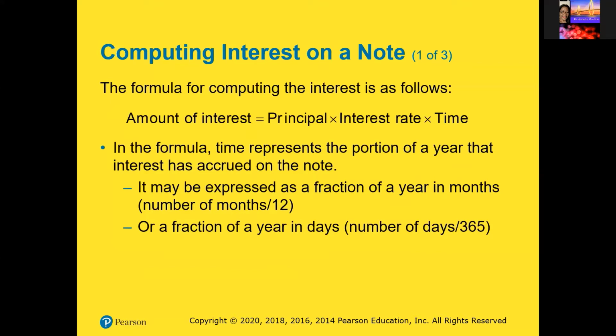In the formula, time represents a portion of a year that interest has accrued on the note. It may be expressed as a fraction of a year in months, which is the number of months divided by 12, or as a fraction of the year in days, the number of days divided by 365.